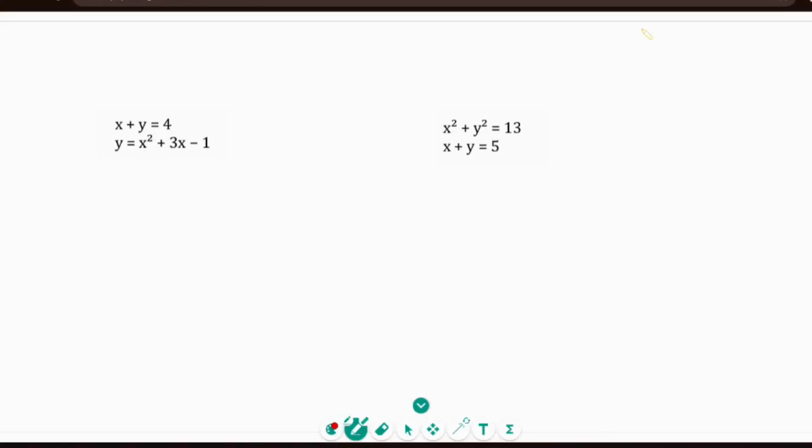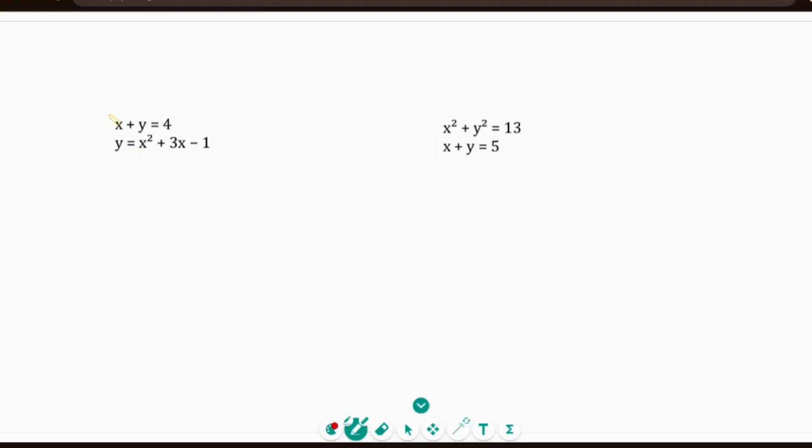These simultaneous equations are slightly more advanced from the previous questions. So here we've got x plus y equals 4, y equals x squared plus 3x minus 1. Previously they were both equal to y, so we could put them equal to each other and come up with an equation all in x.